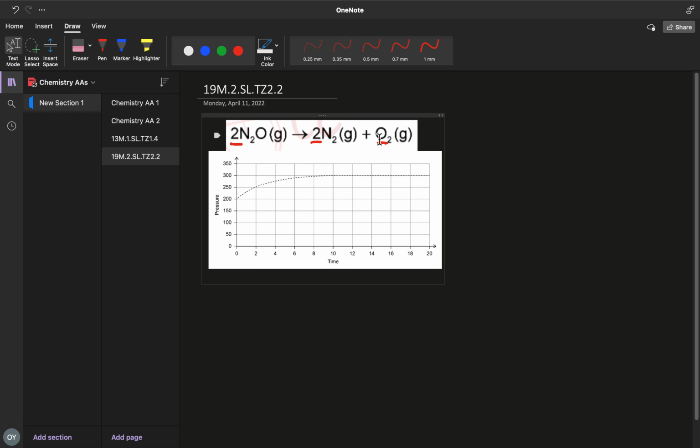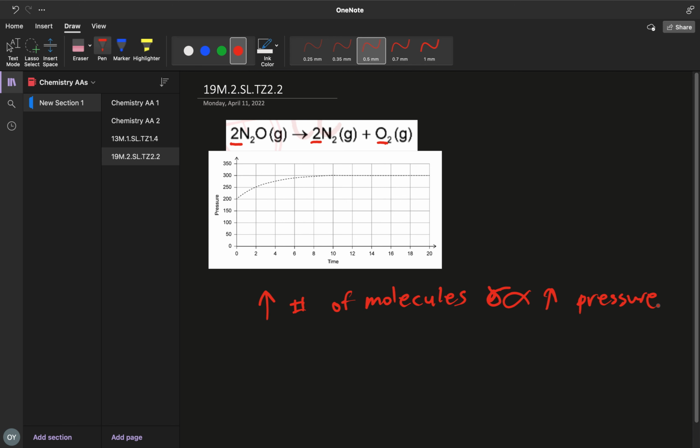So that means that the total number of molecules has increased. And since the number of molecules has increased, that means that the pressure has increased. So that answers the first part of the question, that the pressure increases.